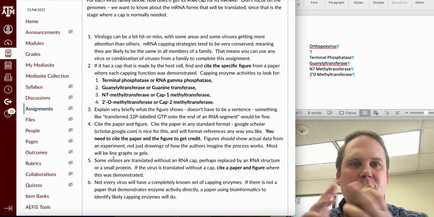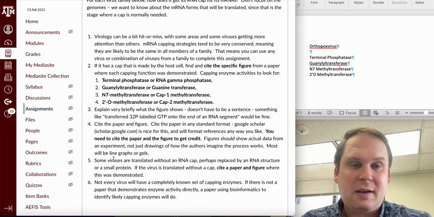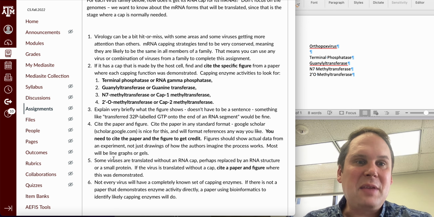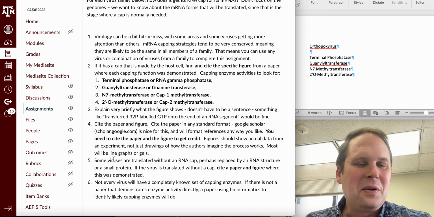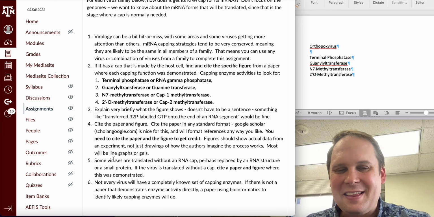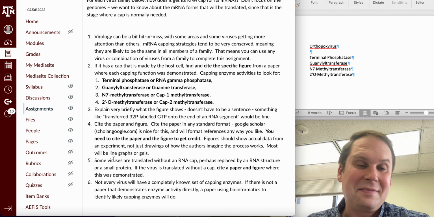Sometimes they'll have a bit of folded RNA that acts as if it was a cap. Sometimes they'll have a protein up there that does the job somehow of being a cap. Sometimes it's a combination of the two. That's okay. In those cases, you're going to find me the papers where they demonstrate that this piece of RNA or this protein attached to the end of an RNA genome is what actually makes this stick to the ribosome in a way that it gets translated.